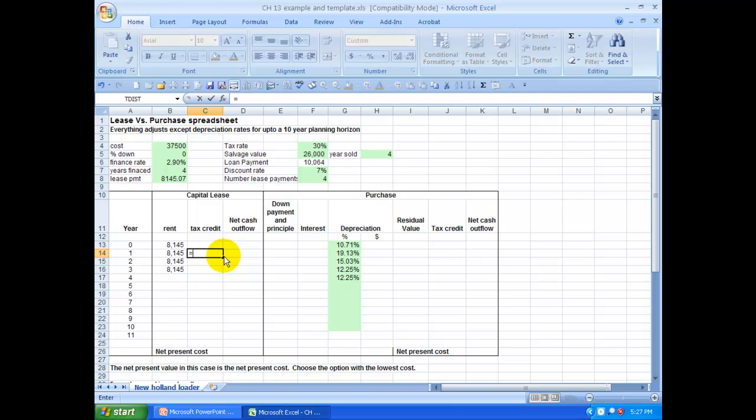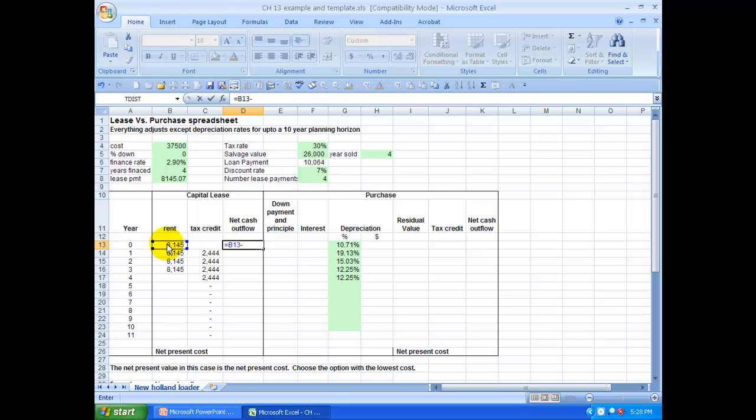But when we do that, it's going to be our lease payment multiplied by the tax rate up here, F4, is going to be our tax credit. And so that's going to be drug down. And then our net cash flow is going to be equal to the rental payment minus the tax credit.